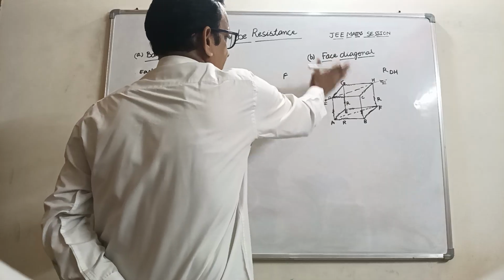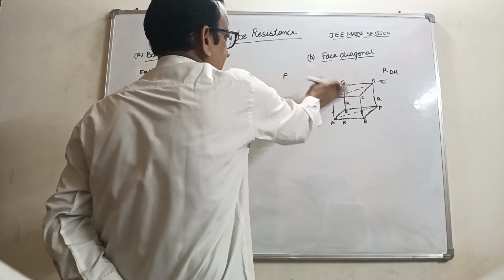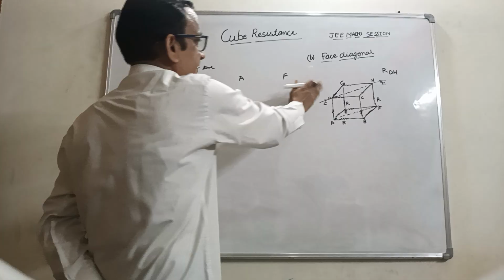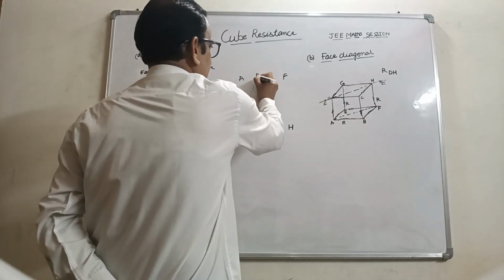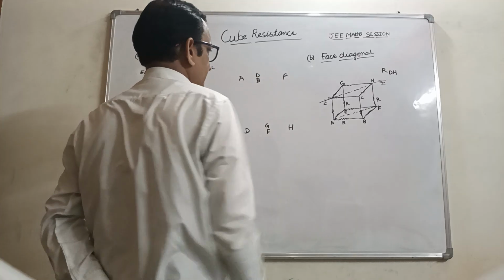By cutting this face diagonally, G and F have the same potential, and similarly D and B also have the same potential, D and B.